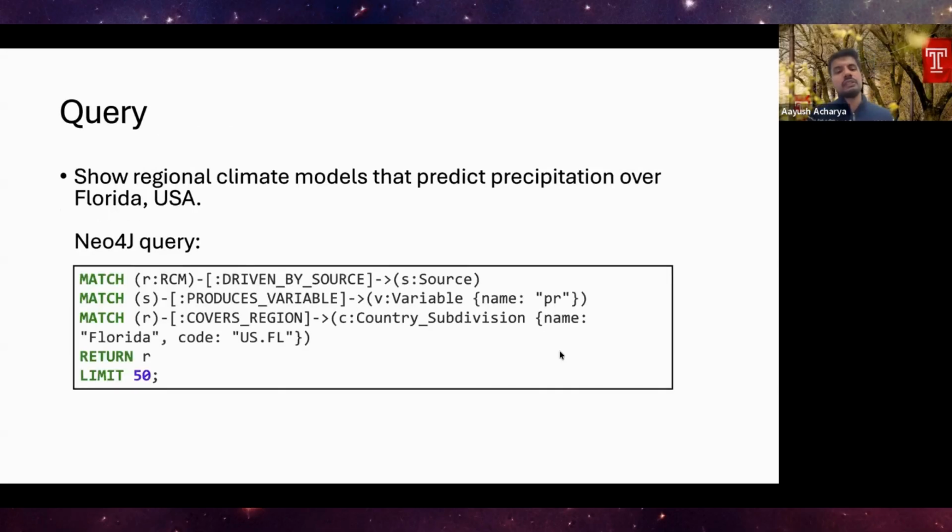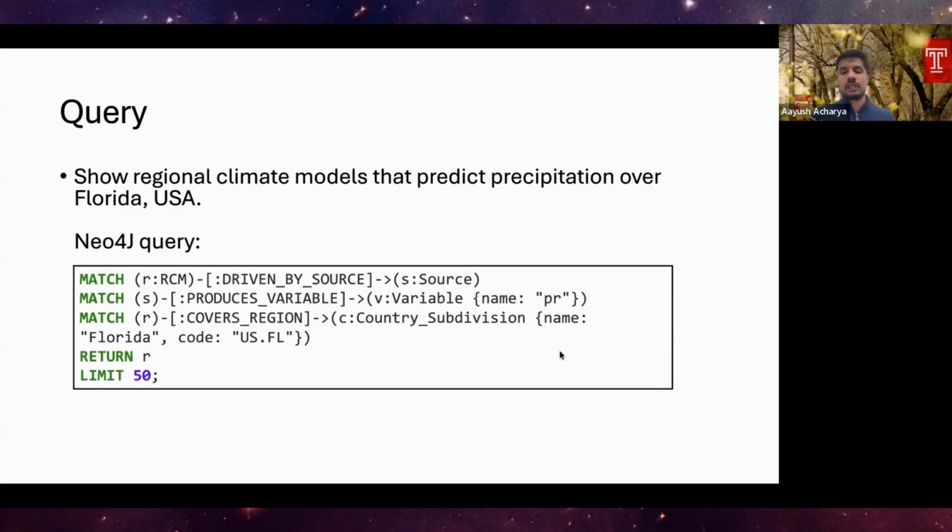So say you have the query: regional climate models that predict precipitation over Florida, USA. How would you perform this query? For those of you who are familiar with Cypher, this is a pretty standard Neo4j query. You can look at the properties and the entity labels.